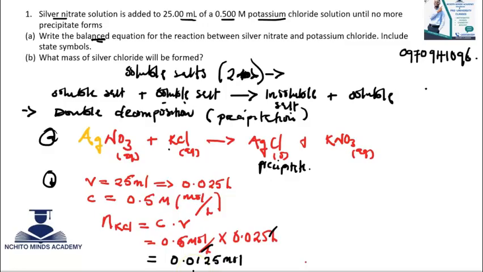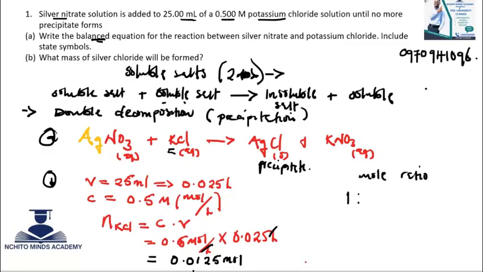From the number of moles of potassium chloride, we can find the number of moles of silver chloride, which we will convert to mass once we find its moles. How do we go there? We are going to use what we call the mole ratio. The mole ratio simply means the coefficients in the balanced equation of these reactant and product. For potassium chloride, the coefficient is 1.